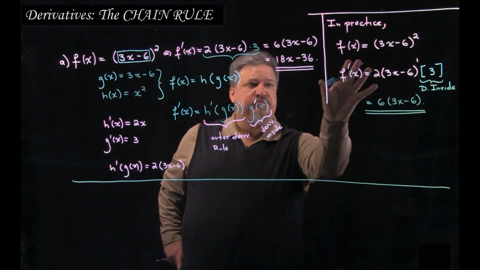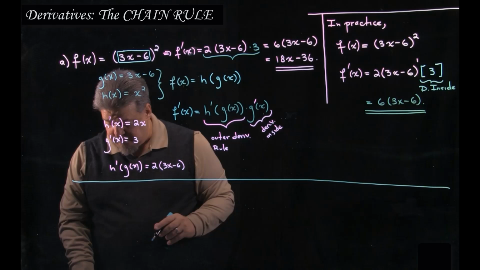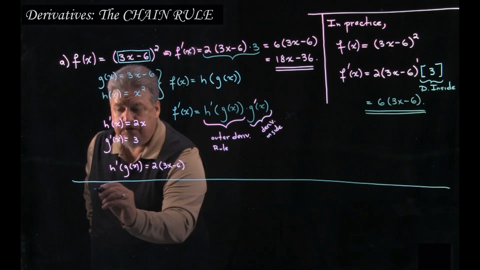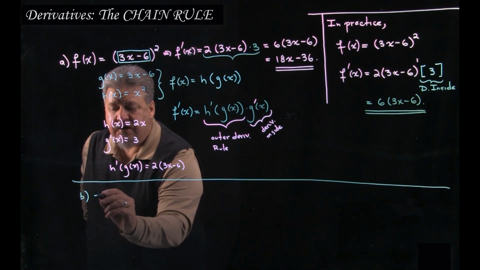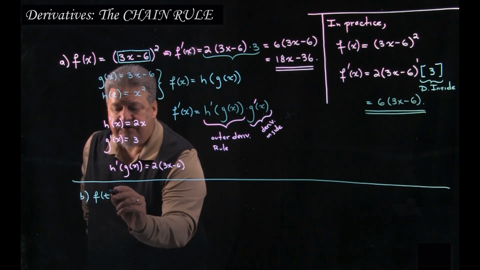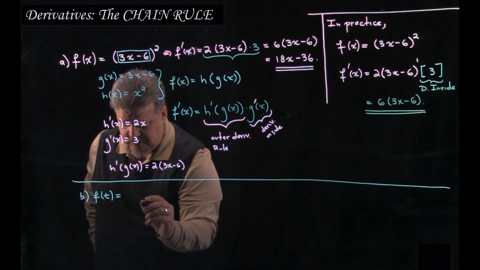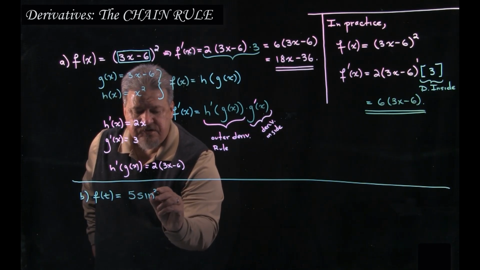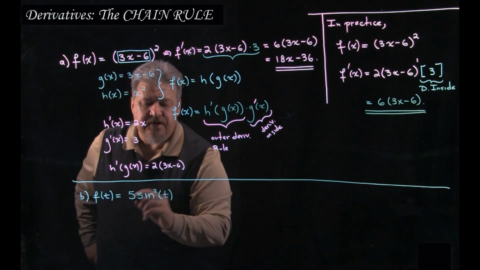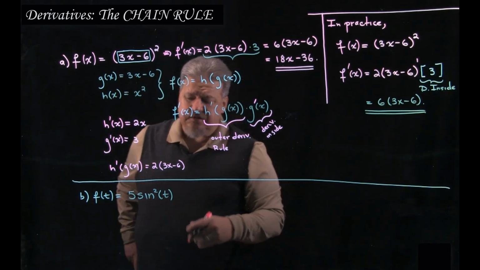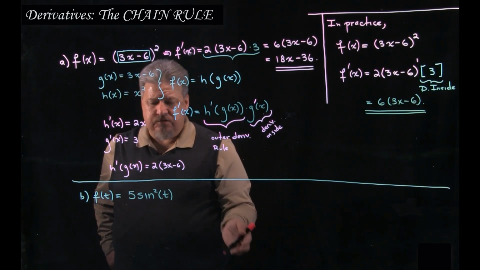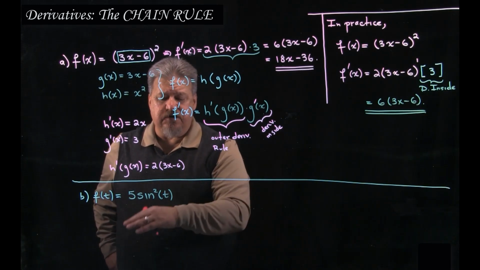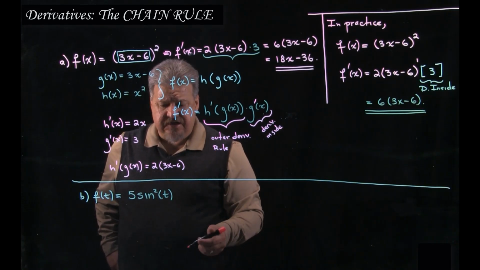And I'm going to do the next problem kind of this way. I'll do f of x, or f of t rather in this problem, is 5 sine squared t. Okay, now, certainly we could handle this in terms of the product rule, because sine squared is sine times sine. We've already learned the product rule. We're not illustrating that technique today.